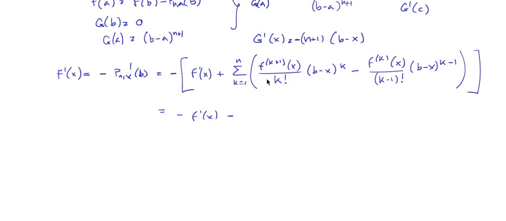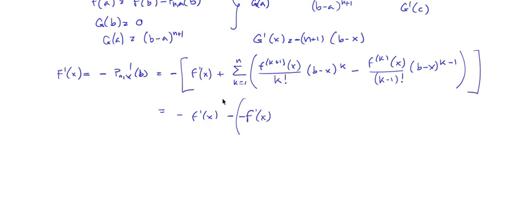So the first term is going to be the second derivative of f divided by 1 factorial times (b minus x) to the 1, and then we subtract the first derivative of f divided by 0 factorial, and when k equals 1, this is f prime at x, minus this.